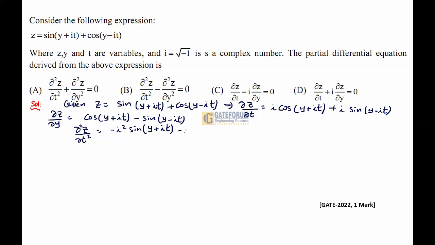So this becomes minus i square cos (y minus it). So i square value is minus 1. So this is finally, I can write sine (y plus it) plus cos (y plus it). So in option A, option B, second order partial derivative with respect to t and with respect to y is there. Let us say this is 1.